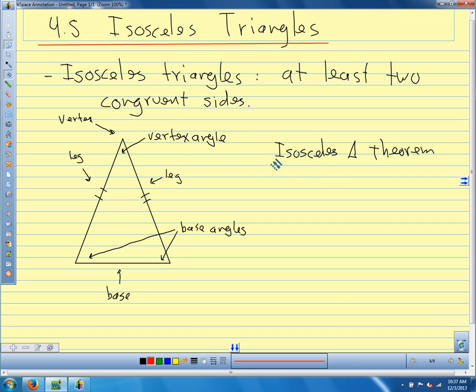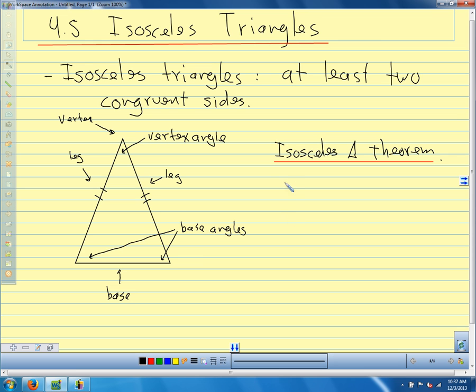Let's just think about it for a minute before we write our theorem down to see if we can have a little bit of intuition about what it's going to tell us. The isosceles triangle theorem tells us that if we have two congruent sides, we know something special about these base angles. What would you guess that would be? If these two sides are the same, what would you guess about those two angles? They're the same. It's exactly what the isosceles triangle theorem tells us.